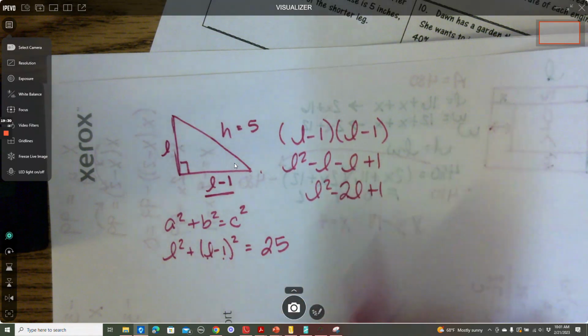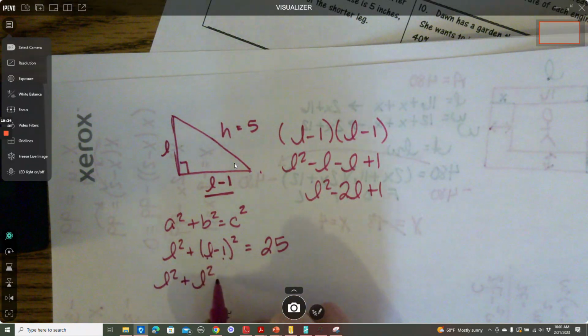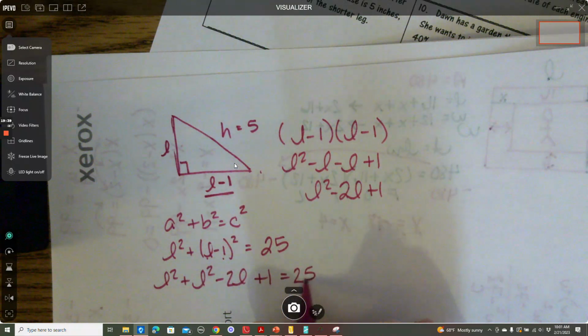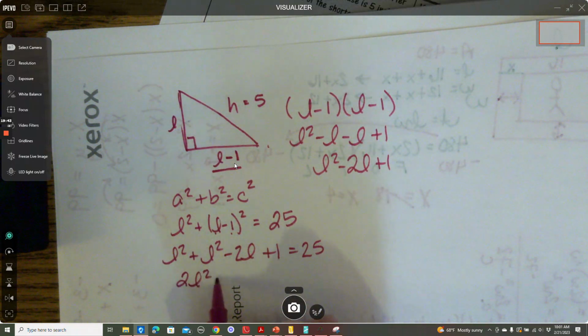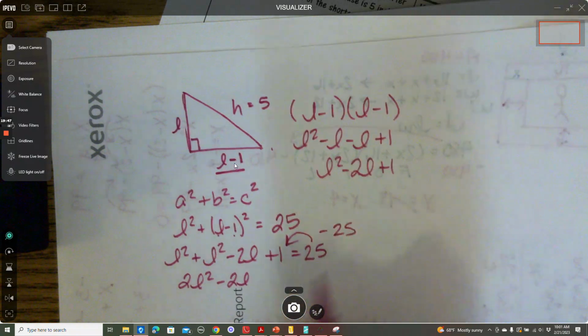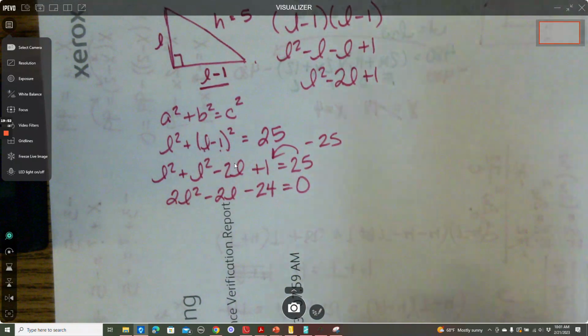Again, this is from last unit. So I've got L squared plus L squared minus 2L plus 1 equals 25. I can combine these and make it 2L squared minus 2L. If I move this, I'm going to subtract this 25, and I've got an equation. Okay?